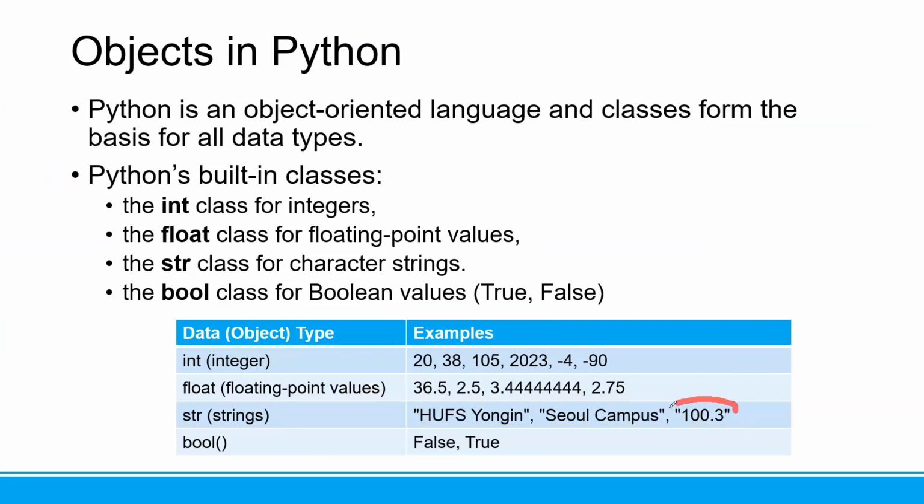You can see it is numbers. If it is with comma, then it should be float. But why is it a string? Anybody can answer? Yes.